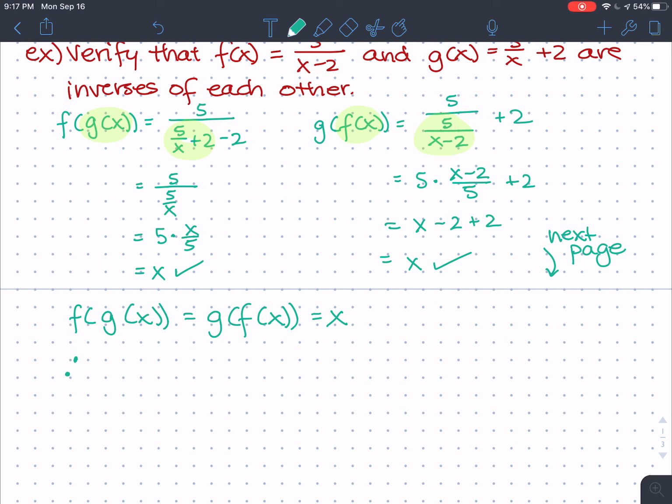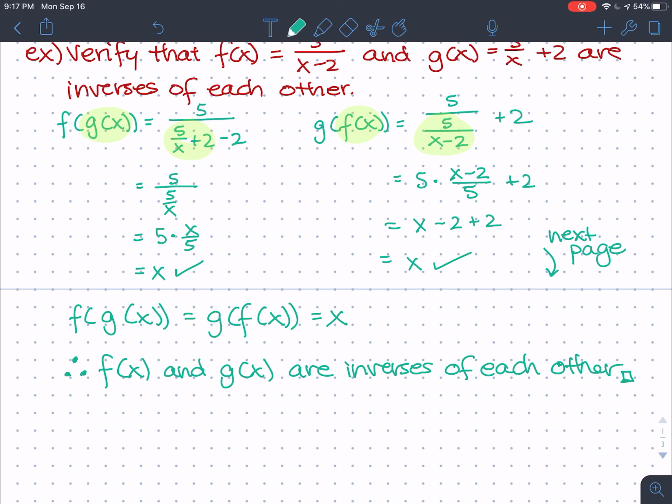So therefore, if you've never seen these three little dots in math, they mean the word therefore. So therefore, f of x and g of x are inverses of each other. And you're done. That's it.